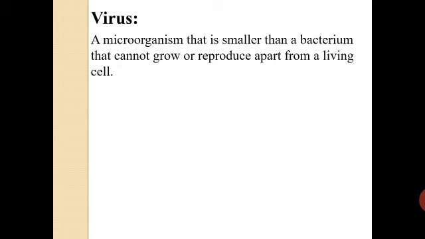And next thing is, in general, virus cannot grow in atmosphere. It cannot reproduce in atmosphere. It needs a living body or living cell in which it can become active and can multiply in number.